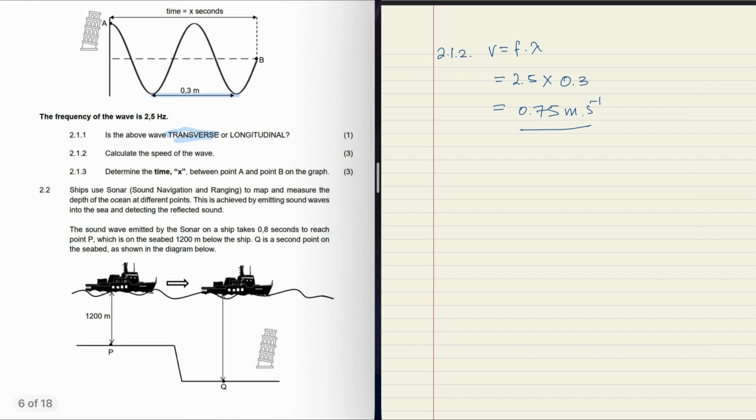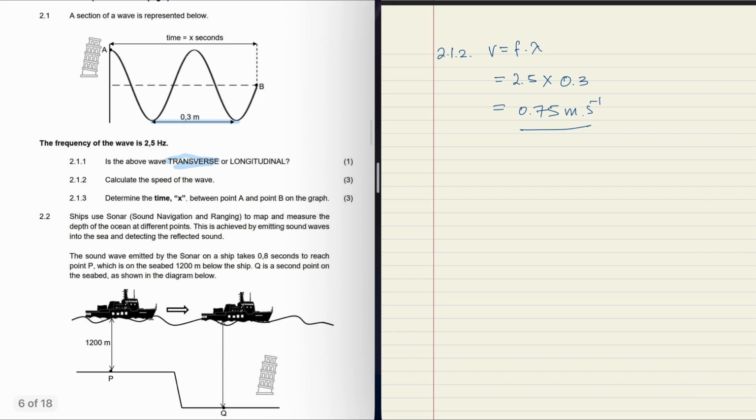Question 2.1.3 says, determine the time x between point A and point B on the graph. Now, point A and point B are separated by one wave, and that's a half, a quarter, that's 1.5, and that's 1 3/4. So, let's calculate the period first.